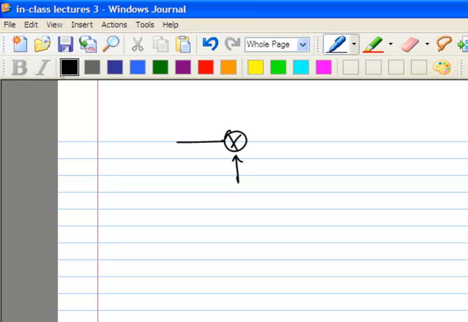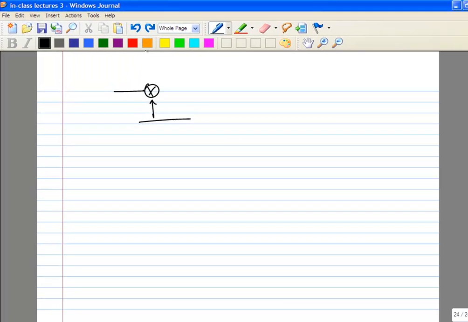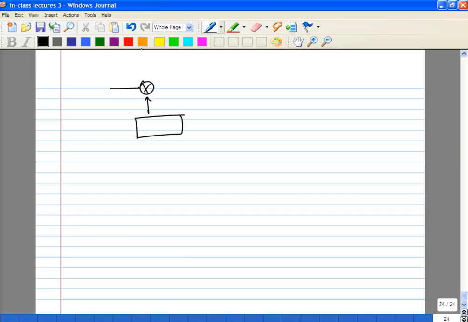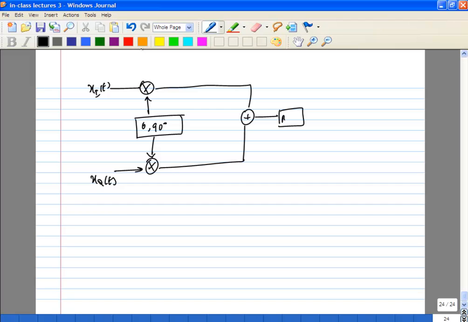Let me call this xi of t. The rest of the system stays the same. Everything else stays the same. The only difference is you have 1.